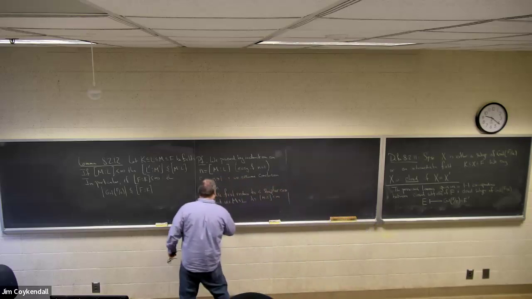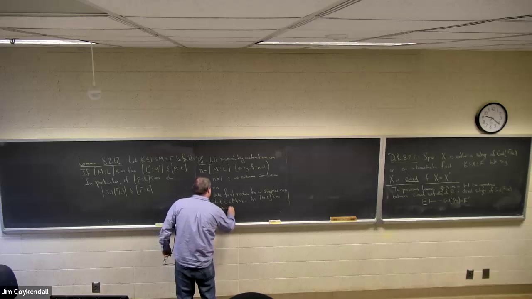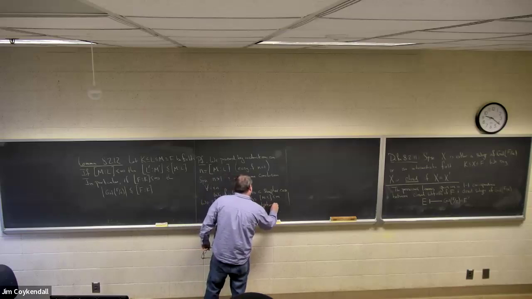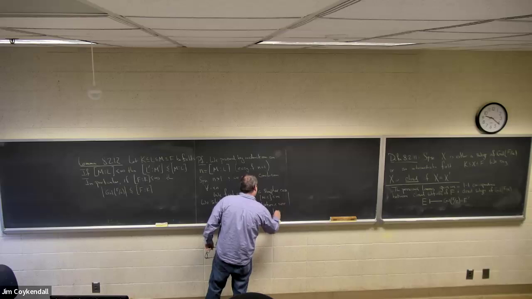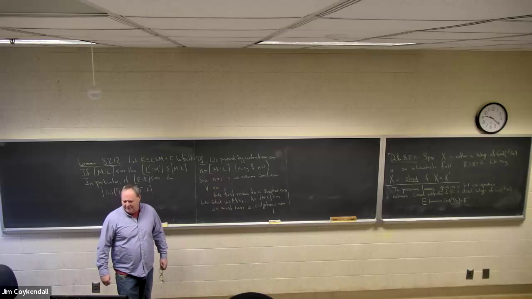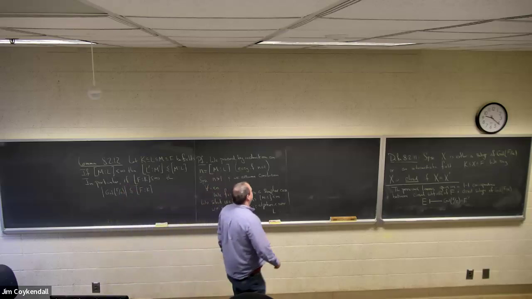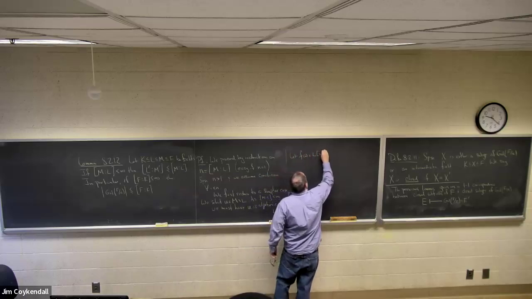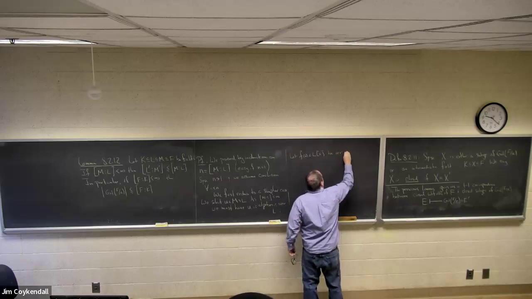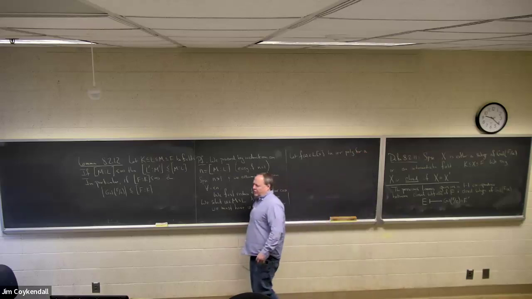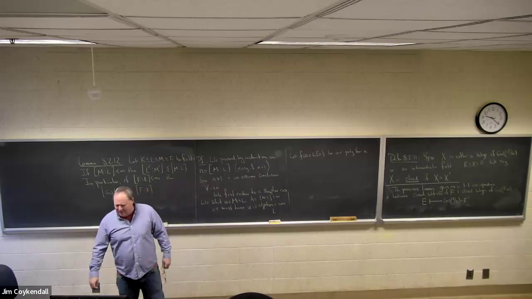It must be algebraic over L. So let f be the irreducible polynomial for u, and we'll say that it has degree k bigger than one.